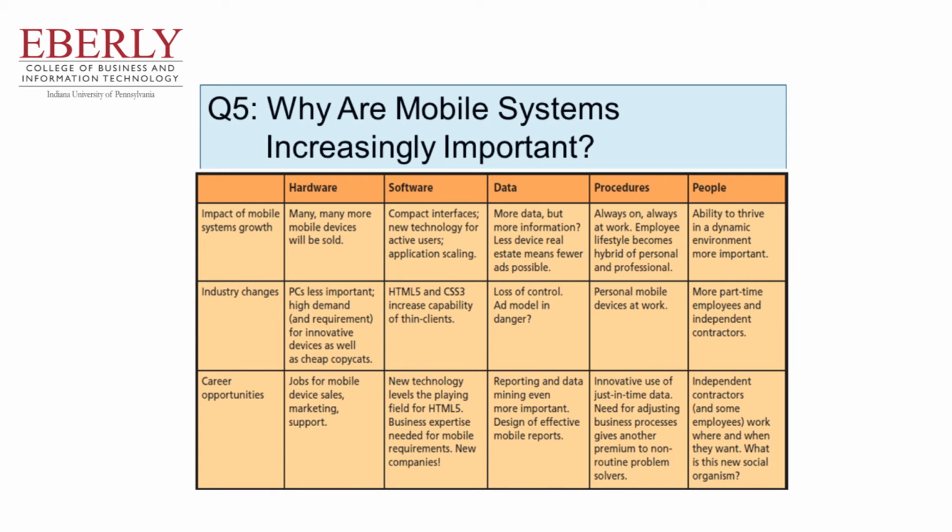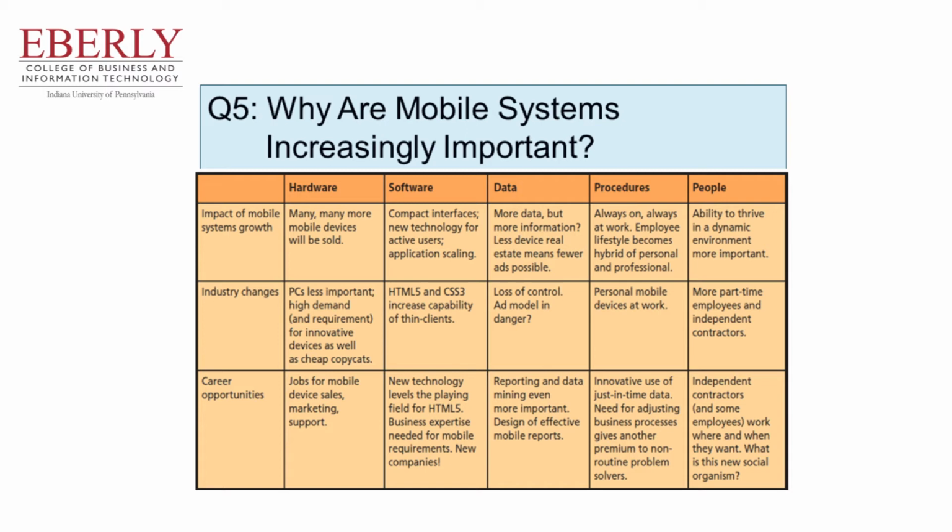Figure 4.17 summarizes the mobile system impact for each of the 5 components of an information system. The 5 components are hardware, software, data, procedure, and people. Hardware. Clearly, increasing demand for mobile systems means the sales of many more mobile devices, often at the expense of PC sales.